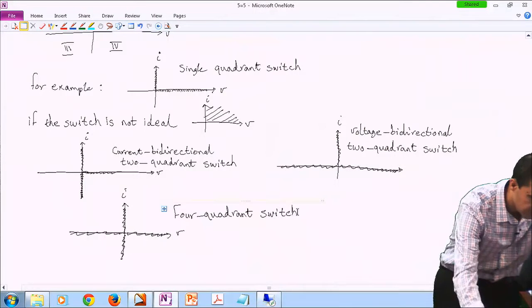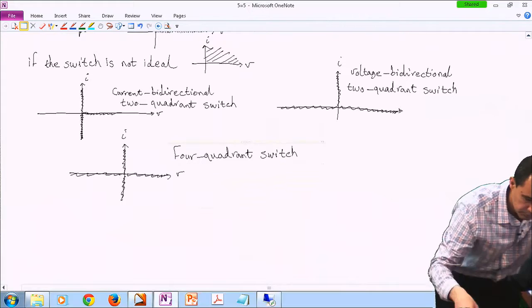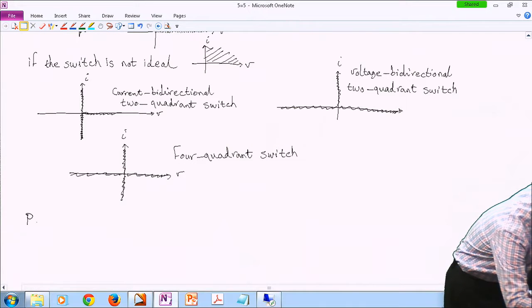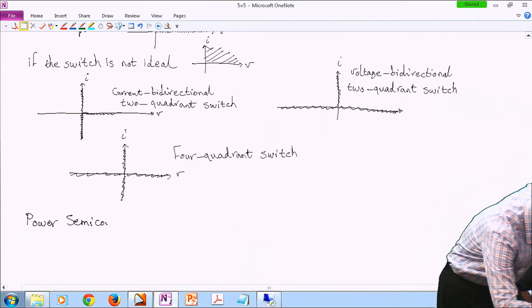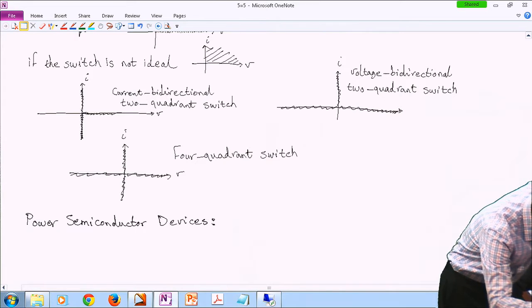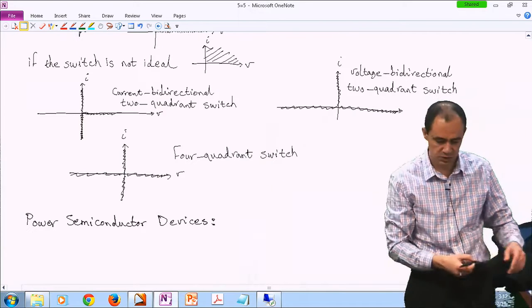So let's take a look at them. Semiconductor. All right. The first thing that comes to mind is a diode.